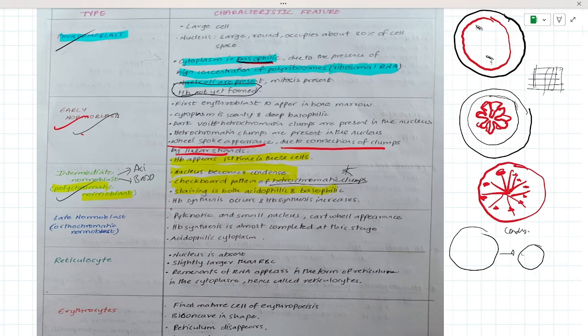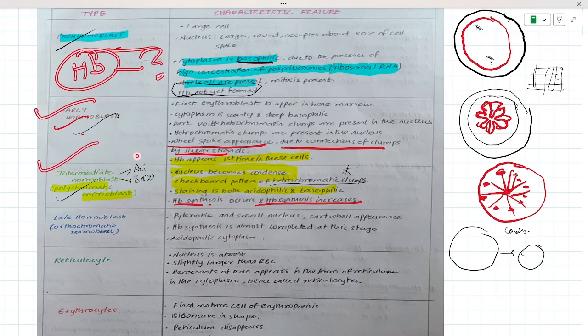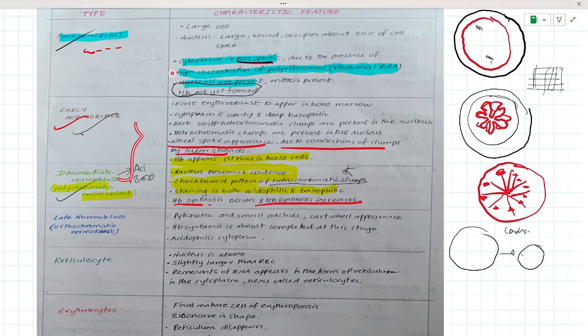Now HB synthesis occurs and increases. In an exam, if an MCQ asks in which of the following stages of erythropoiesis HB is synthesized, and the options have both early normoblast and intermediate normoblast, which will you choose? You need to choose intermediate normoblast, because HB synthesis increases here.